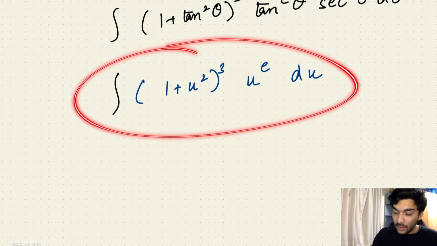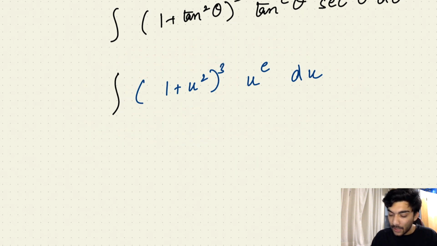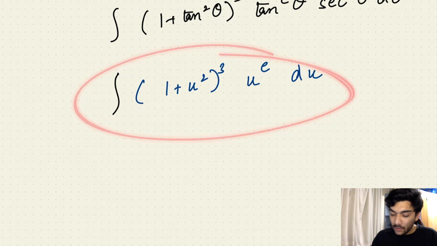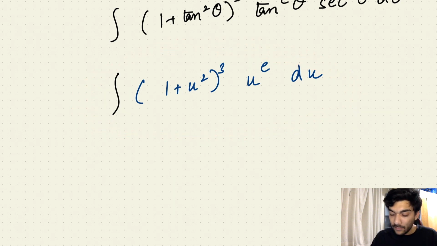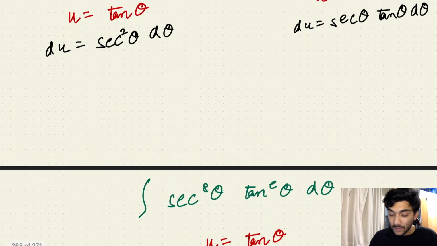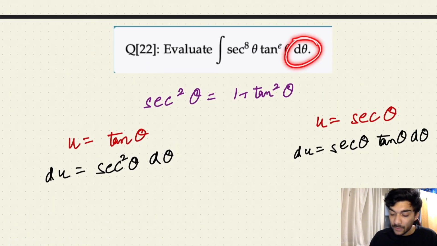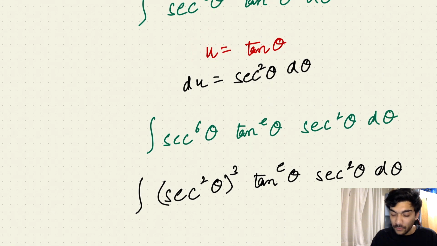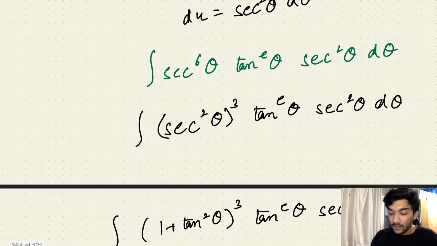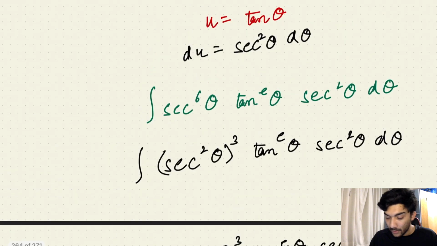And now in order to solve this integral, you can basically expand this cubic expression, and then you will be easily able to calculate the answer to this indefinite integral over here. And if you'll calculate the indefinite integral over here, your answer will be in terms of u. But since your original integral was in terms of d theta, you'll have to convert again every occurrence of your u in your answer to tan theta again over here, right?